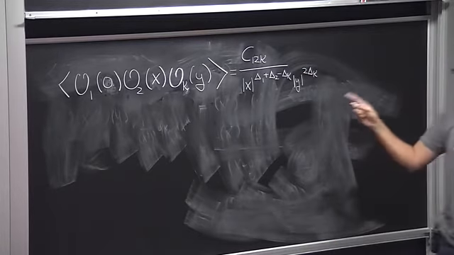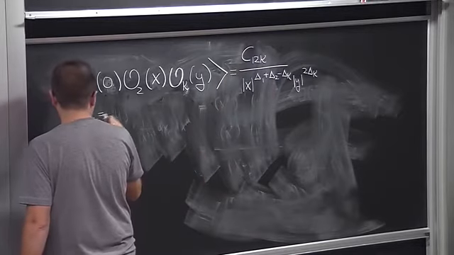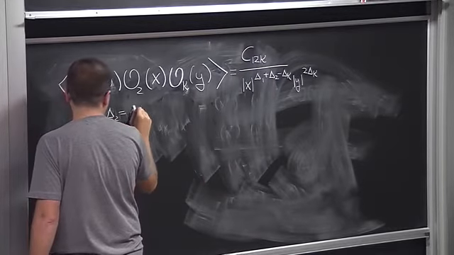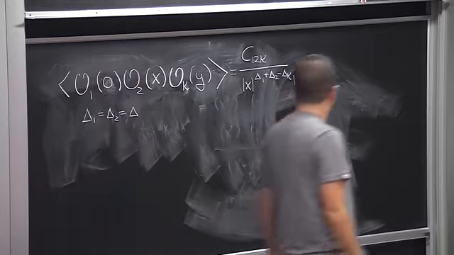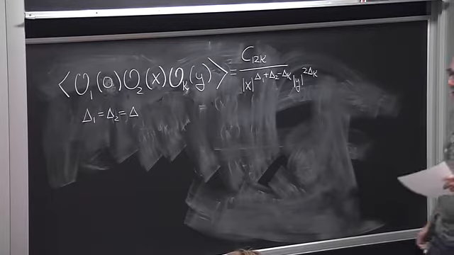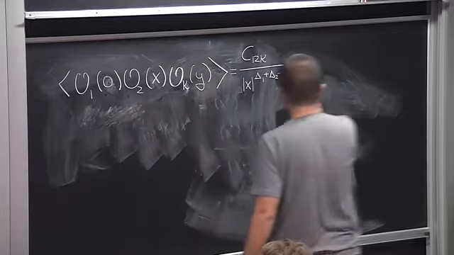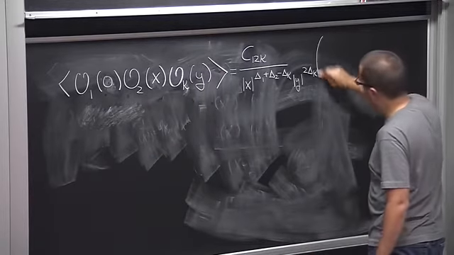Where are the other deltas? I'm considering now operators with the same delta. So let Delta_1 be equal to Delta_2 be equal to Delta. No, actually not. I'm not considering this. But we can rewrite it in this way, because there is an extra term here.